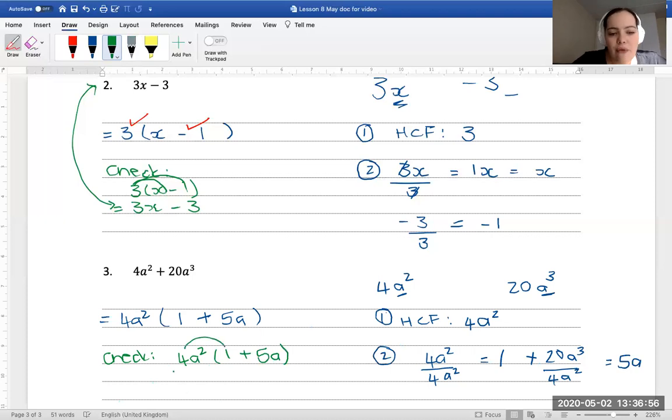Okay, let's multiply. 4a squared times 1 is just 4a squared. 4a squared times positive 5a, well, that'll be positive. 4 times 5 is 20. A squared times a, we add our exponents if we remember our exponential laws. And if we look at this, we can see that they are identical.